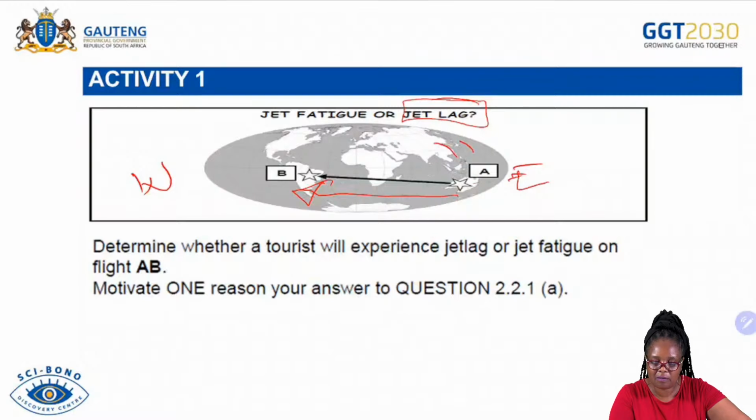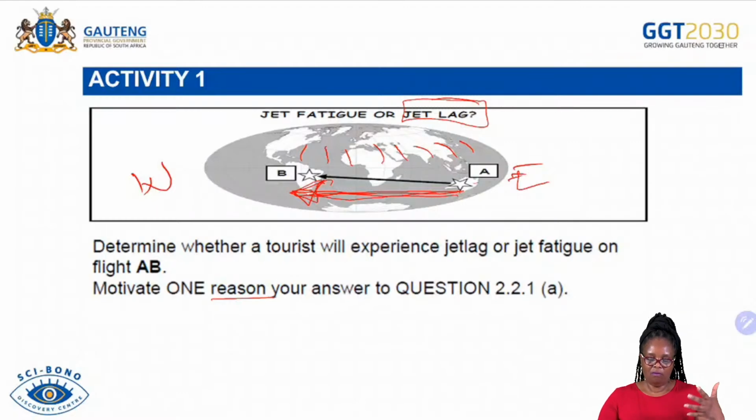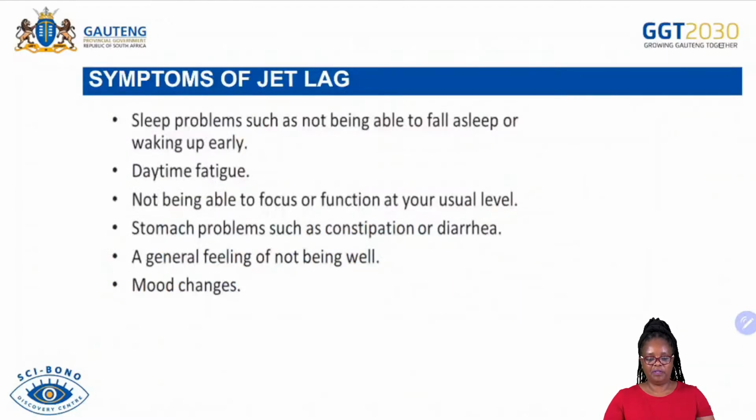We're having 1, 2, 3, 4, 5, 6, 7, 8. There are 8 time zones that the flight has crossed. That's another reason. They have crossed many time zones.